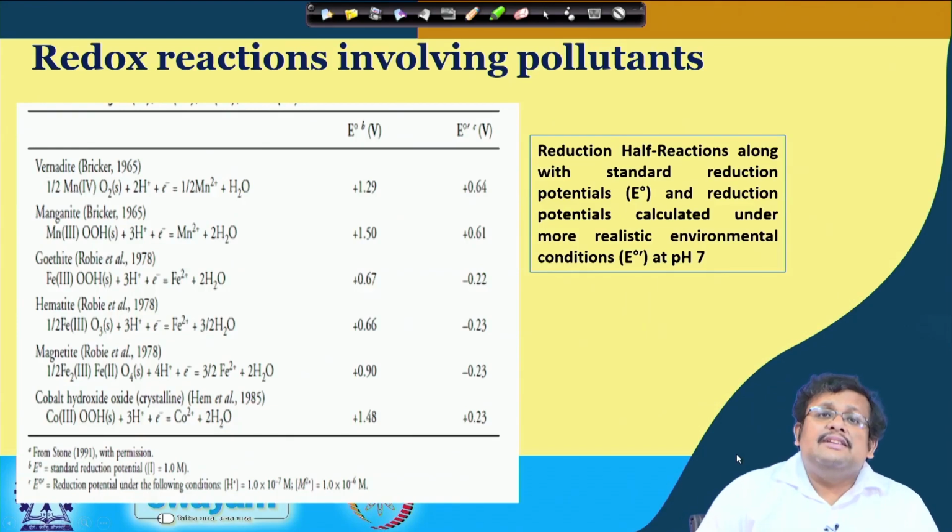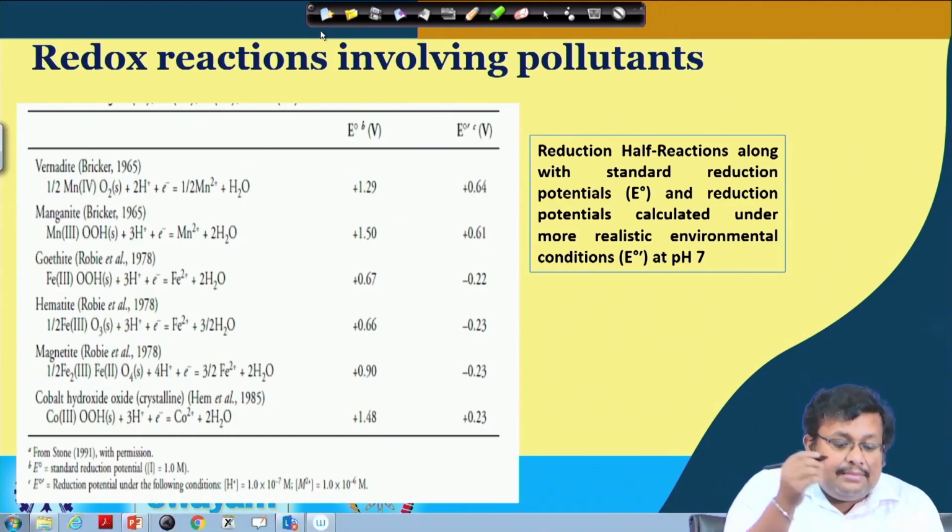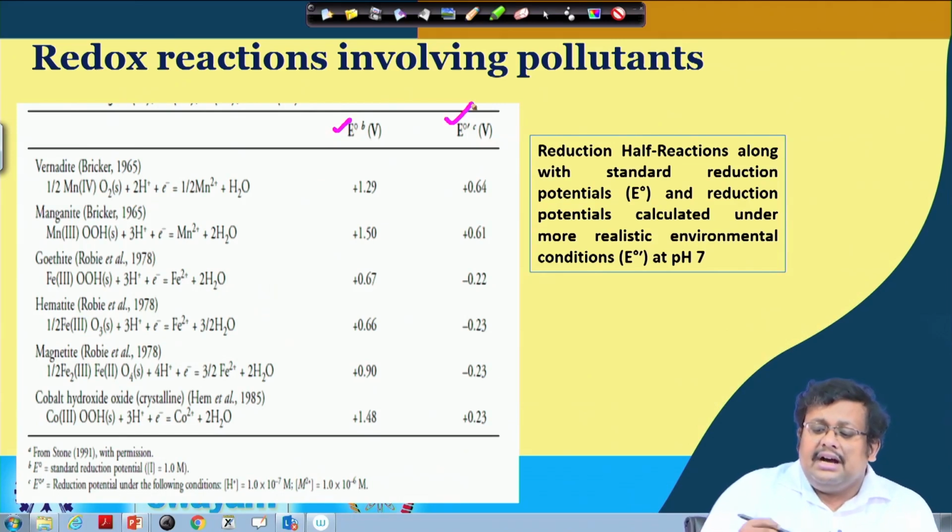Now, let us see different redox reactions involving pollutants. In this table you can see the reduction half reaction along with the reduction potential and also the more realistic, environmental condition reduction potential at pH 7.